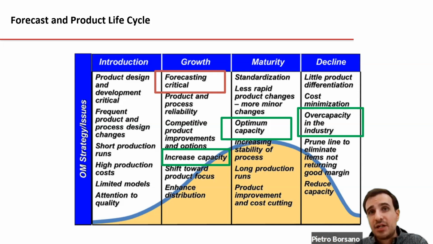So when we enter the decline stage, and actually between maturity and decline stage, the good forecaster should predict when we are moving into the decline stage. When we are in the decline stage, the problem is of overcapacity. And here, our demand forecast should tell us when we should start reducing the capacity and progressively be able to shift to the new product life cycle.